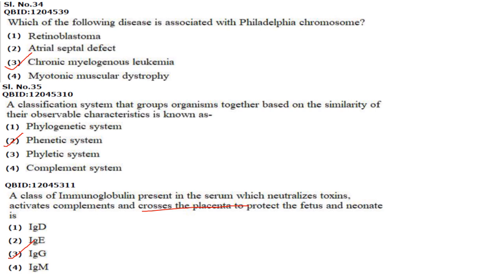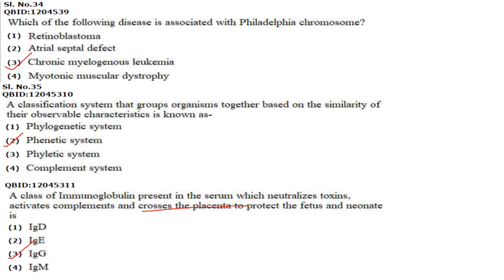So that is phenetic system that deals with classification of organism based on similarity of their observable characteristics. Phyletic system, it names groups of organisms according to their evolutionary history. And complement system is what you have learned in your immunology. It is nowhere related to any classification.